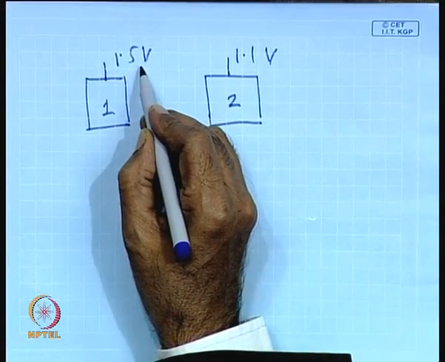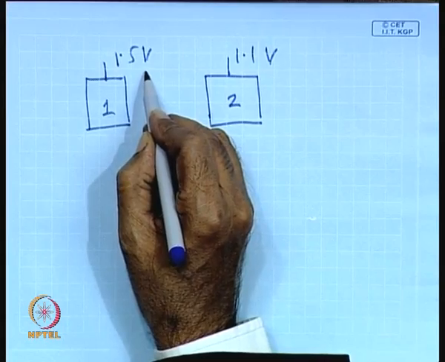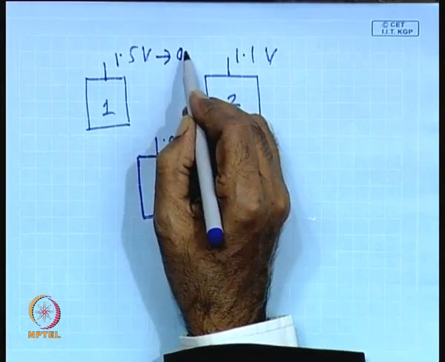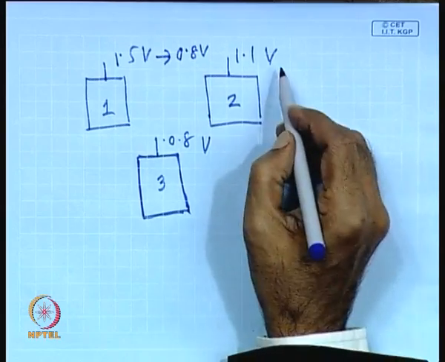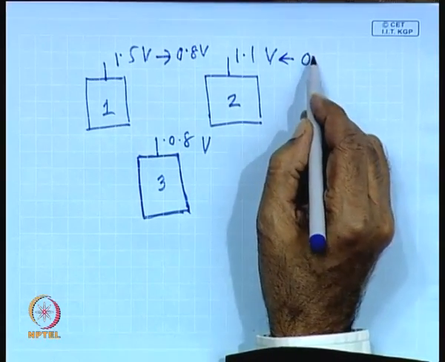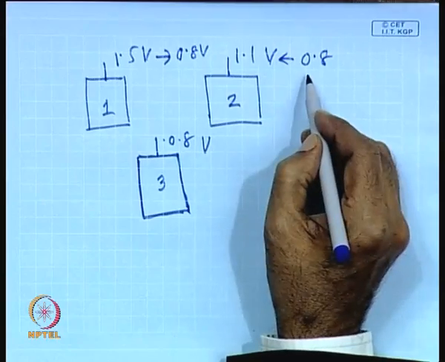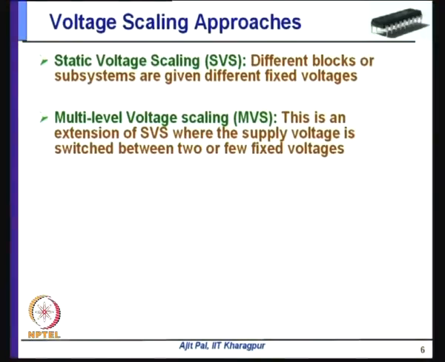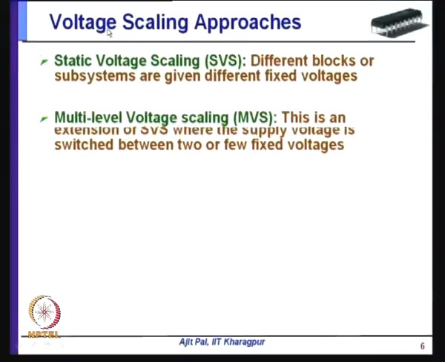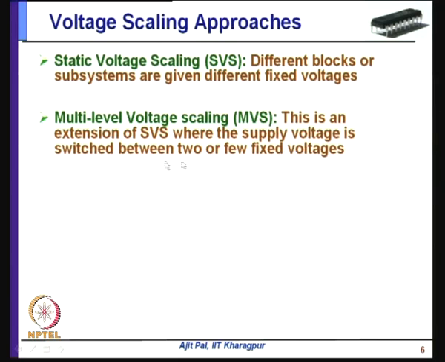This can be made 1.5 volt at some point of time, at some other point of time it can be made 0.8 volt, or this voltage can be made 0.8 volt at some other point of time. That means, at different time instances the different blocks of the circuits are given different supply voltages, that is your multi-level voltage scaling. So, switch between two or few, note this, the number of such voltages is very few, maybe 2 or 3 or 4, not more than that.